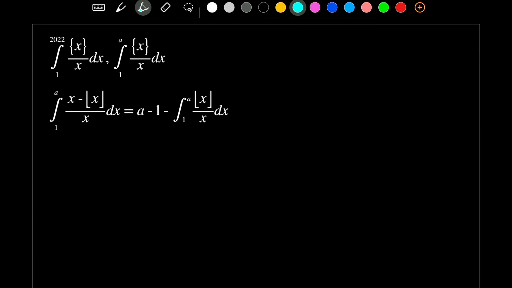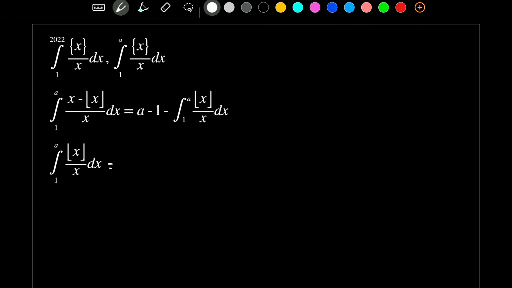Maybe notice that this over x part isn't actually too difficult, where you can integrate that, but this floor function part is quite annoying. Let's see how this floor function behaves, and let's notice maybe that we can split this up into different parts. So let's get this integral from 1 to a of the floor function of x over x dx. We'll consider the following integral, and let's see how it behaves over several different intervals.